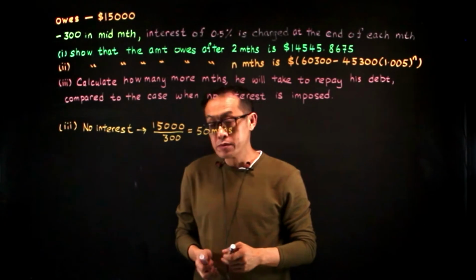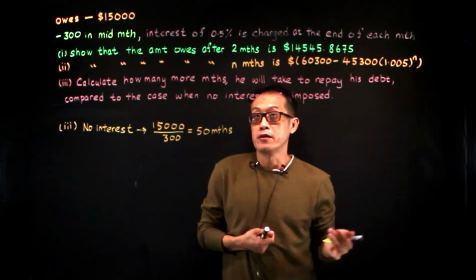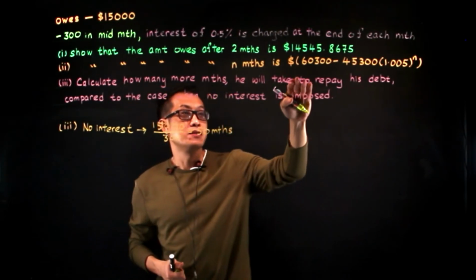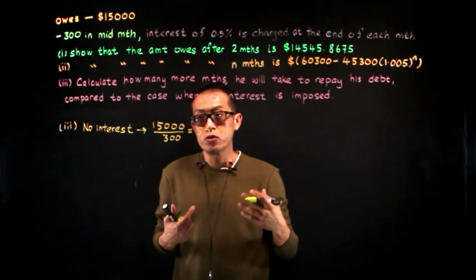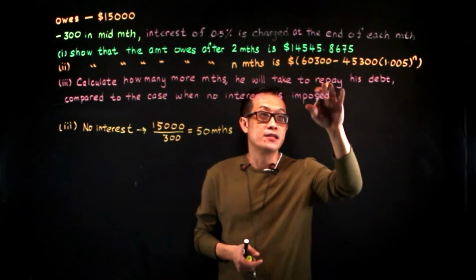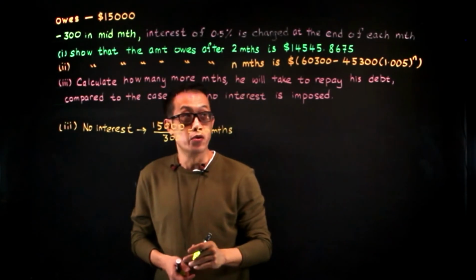Now assuming the interest is being charged. The amount he owed to the bank after n months will be given by this expression. In order to repay the debt, you find that this amount has to be less than or equal to 0.